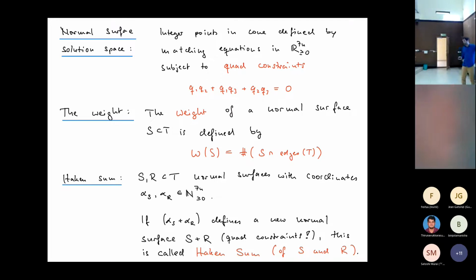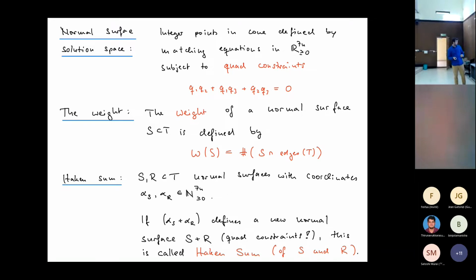Sadly, this is a quadratic constraint, which destroys the linearity of our setup. In this case, it's Q1 Q2 plus Q1 Q3 plus Q2 Q3 equals 0. That makes sure that always 2 of them are 0. And this polyhedral cone with the quadratic constraints is called the normal surface solution space. Right?